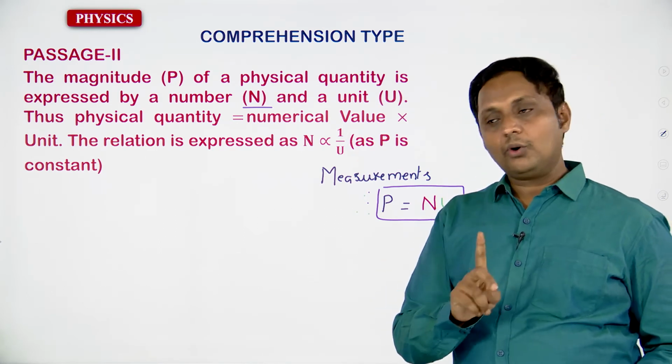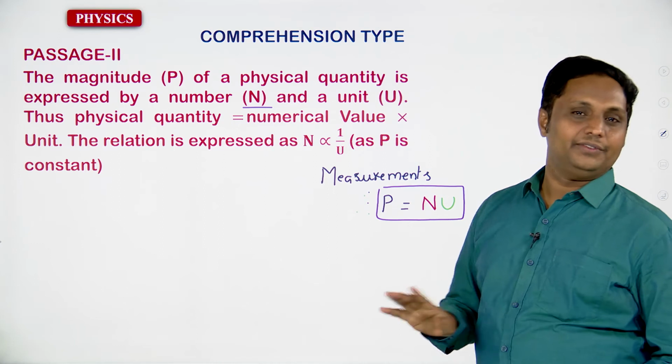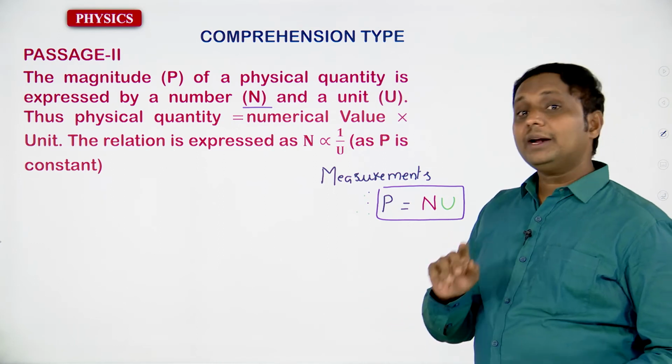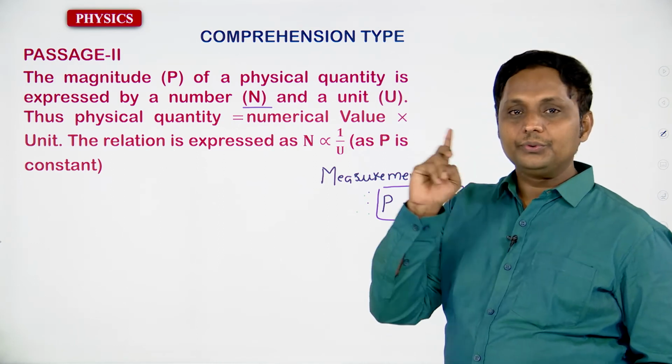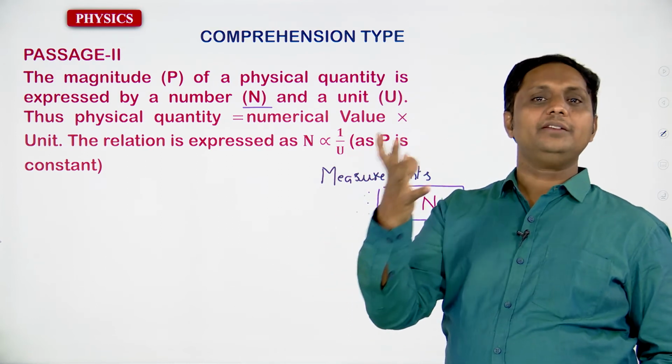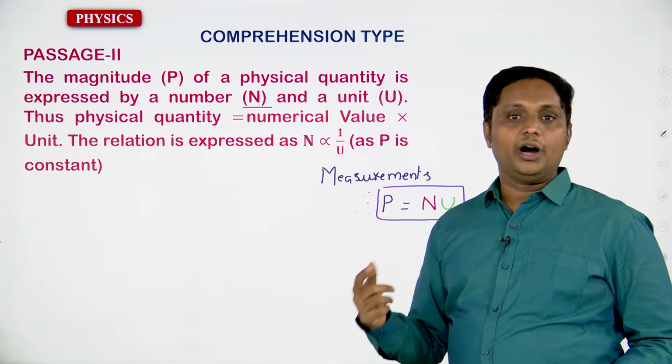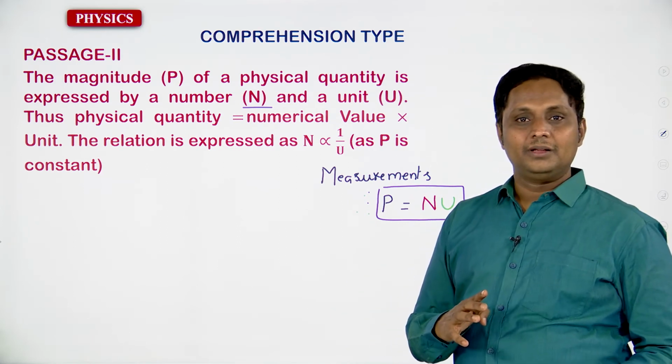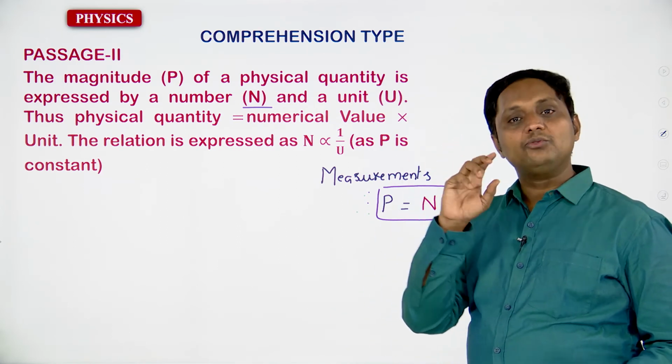For any physical quantity, its magnitude is the same, no doubt at all. But you have 1 and 1000 as the numerical value. How is it confirmed? Based on the units you have chosen.